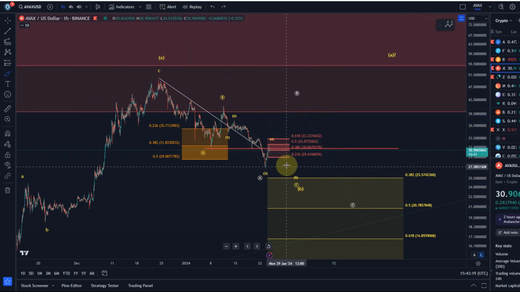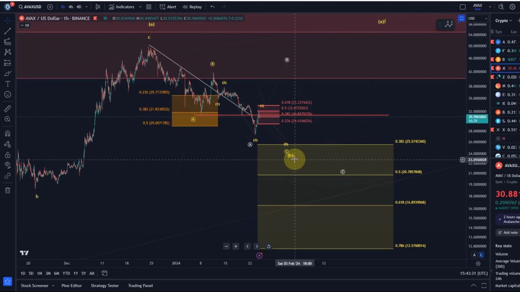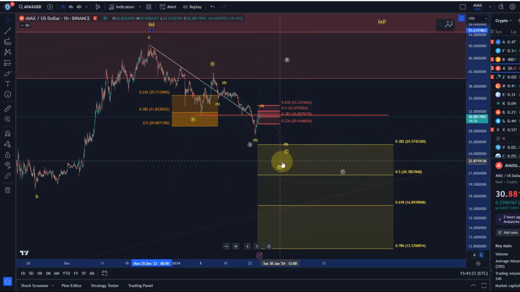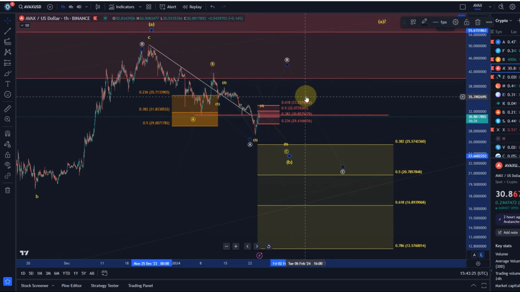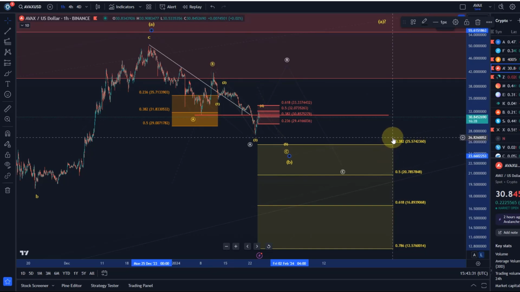And the reason is, could the overall low be in? Could this overall B wave low be in, and could we rally in a C wave? Anything could happen, but we haven't even reached in a pullback the 38.2 retracement level. That seems unlikely. Of course, not impossible. B waves can be extremely shallow, extremely short. So it's possible that the overall low is already in.